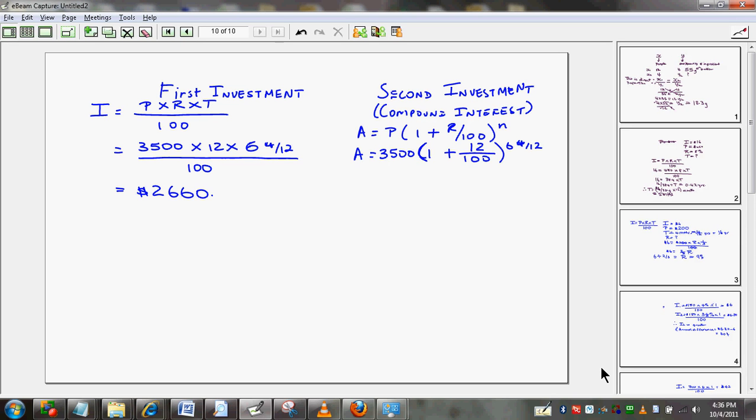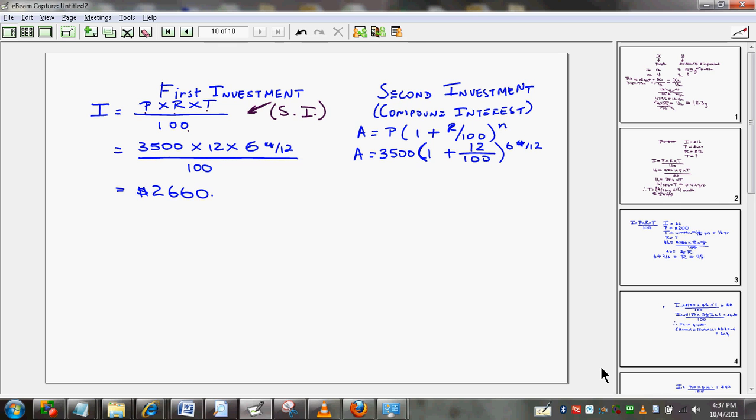Okay, so we're looking at the two investments. The first investment is a simple interest investment. For that one, we use the formula principal by rate by time over 100.